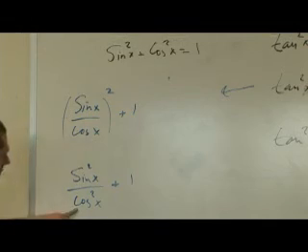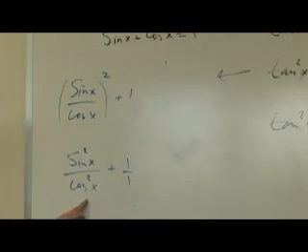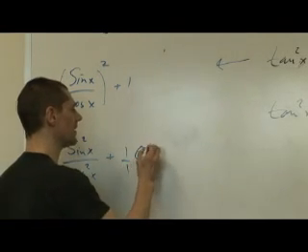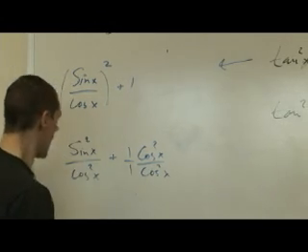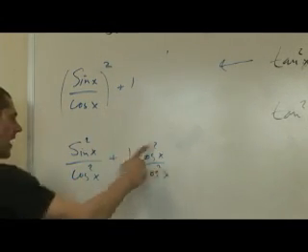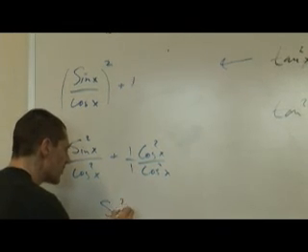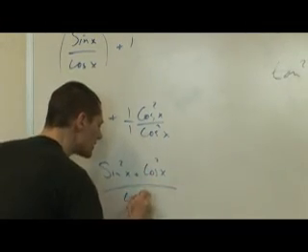I have a fraction. 1 is really 1 over 1. I'm going to multiply the top by cosine squared x and the bottom by cosine squared x, so we can have a common denominator. And now I can add across the top, and I have the same bottom. So this is sine squared x plus cosine squared x over cosine squared x.